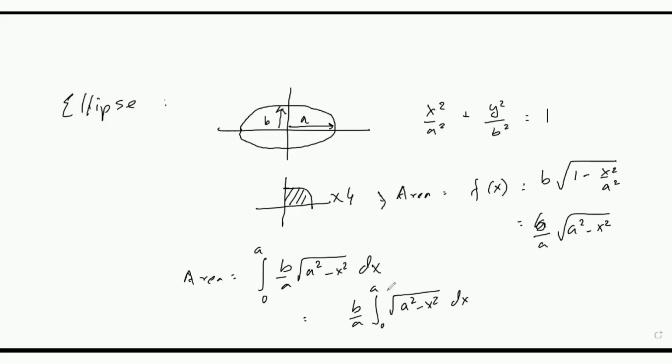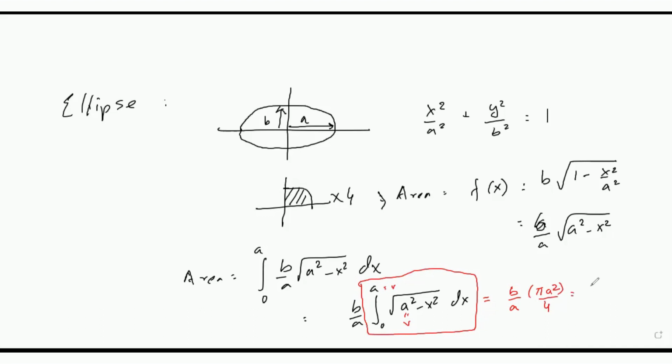Now this integral we already calculated in the previous example of the circle. Remember that for the circle, a was equal to r, and that gave pi a squared over 4.